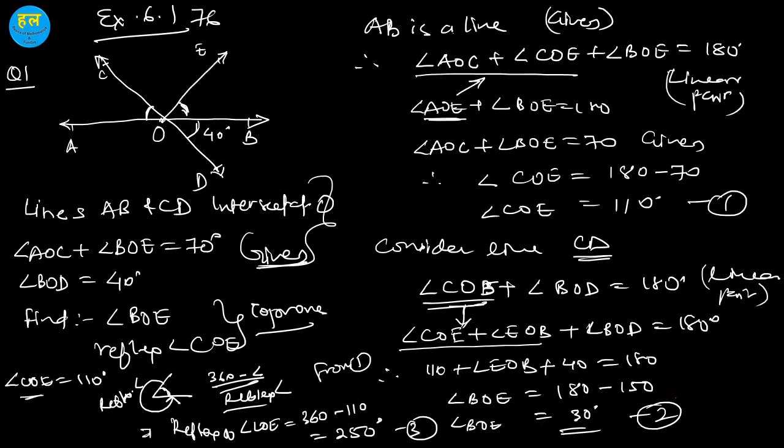Okay, so we got both answers. Question number 2. In question number 2, we have a figure. This is a straight line, this is a line, and this is perpendicular.